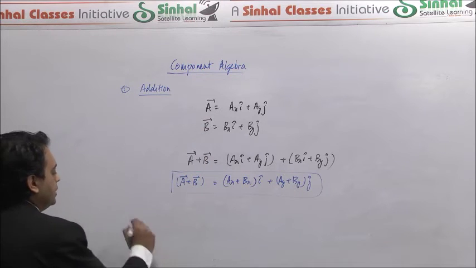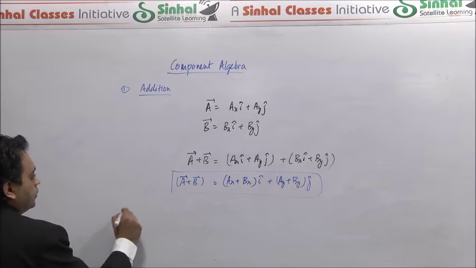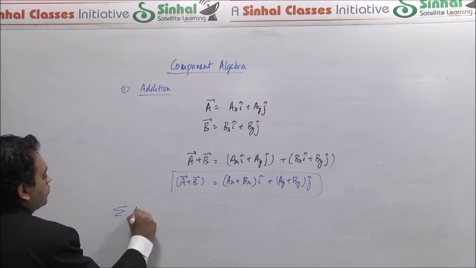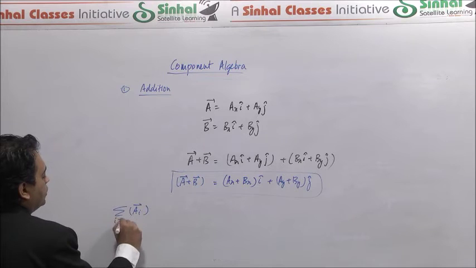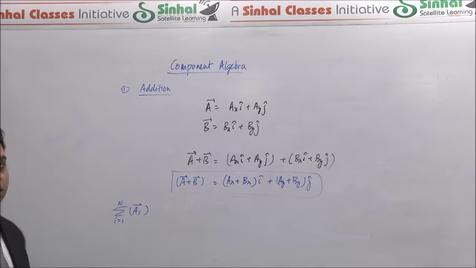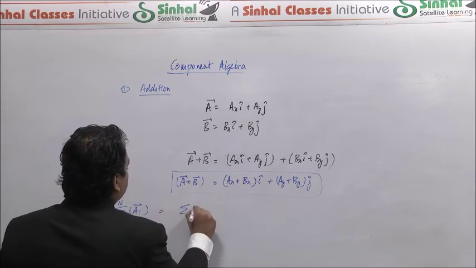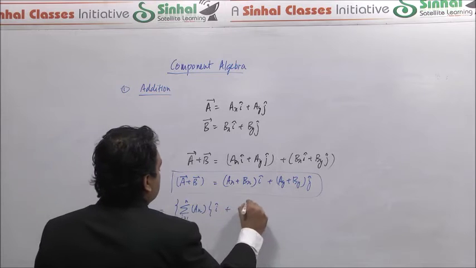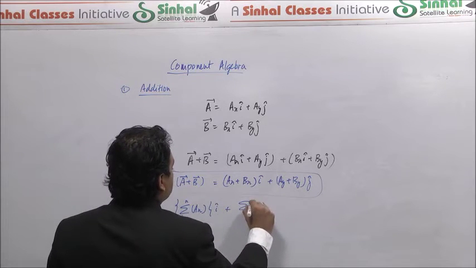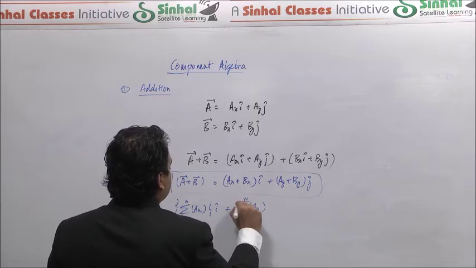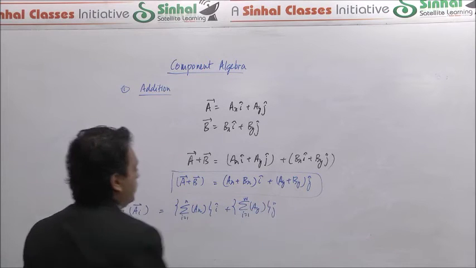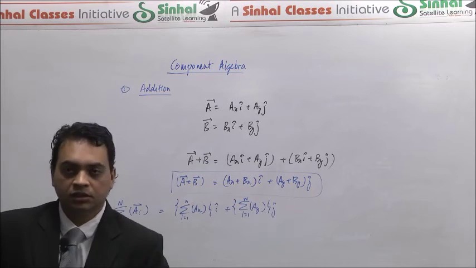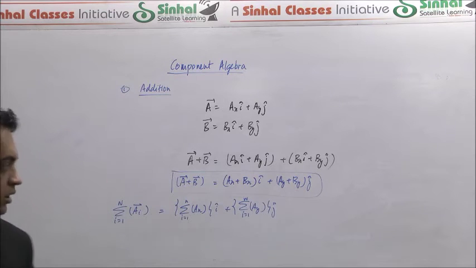If we are adding up n number of vectors, A1 plus A2 plus A3, etc., that would be nothing but the summation of Ax, the whole thing multiplied by i cap, plus the summation of Ay's, from 1 to n, along j cap. In this particular case, we are adding two vectors, A and B, but if we added n vectors, it would reduce to the same.